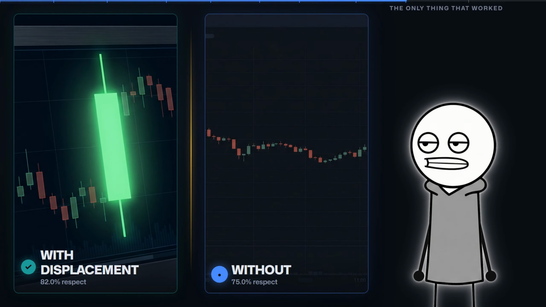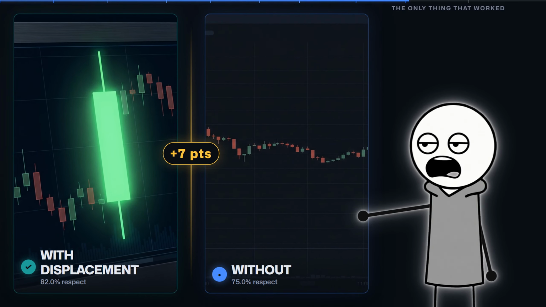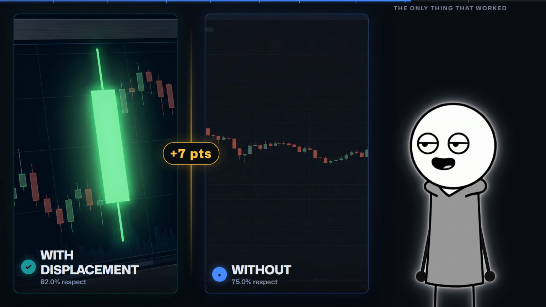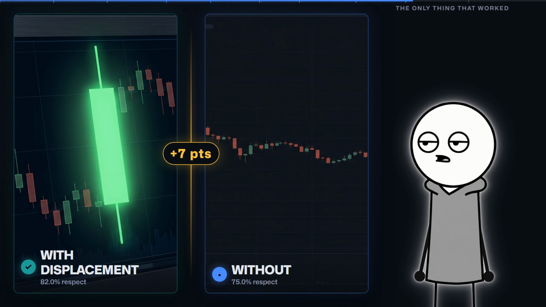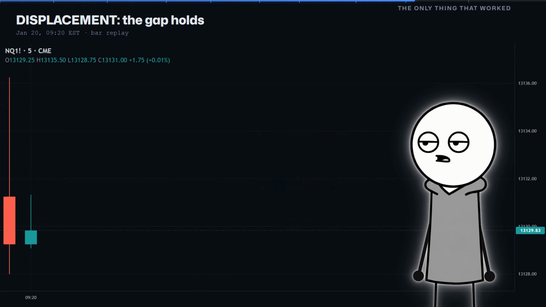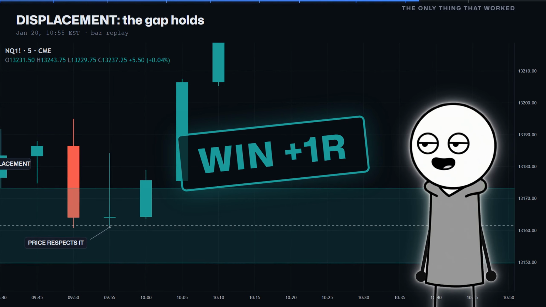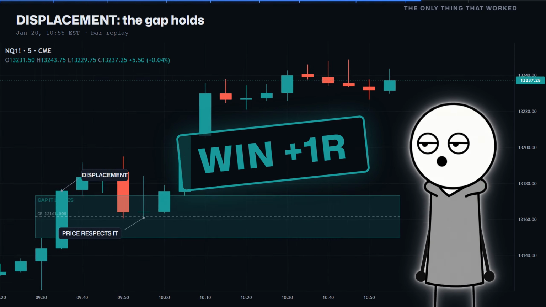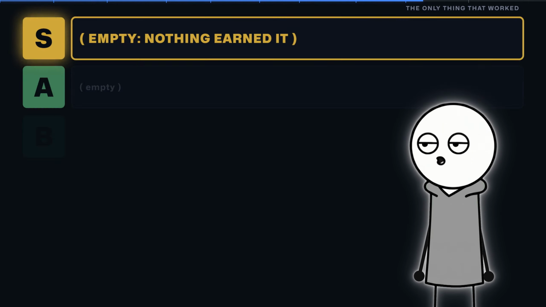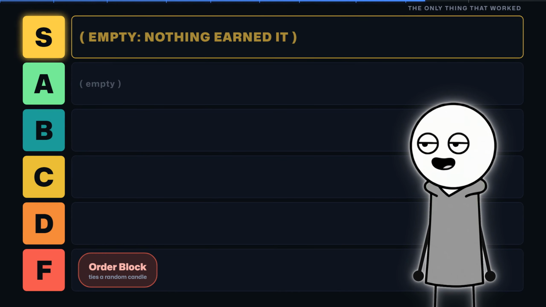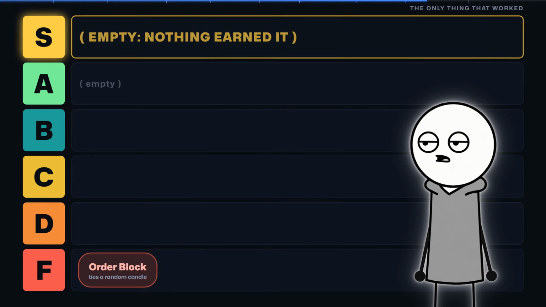So what actually earned a spot? The highest thing on this board is not a setup at all. It is displacement, a real, violent move that creates the zone instead of a lazy drift into it. When we split every fair value gap by whether displacement made it, the difference was the cleanest signal in the entire study.